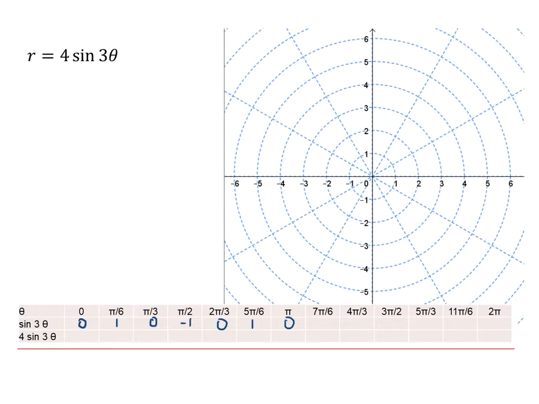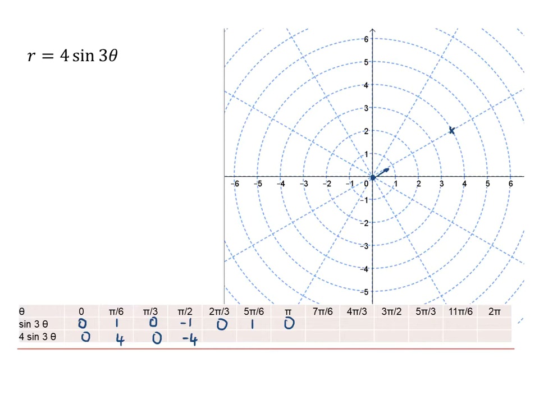So if we look at what happens on the graph, 4 times that, so obviously going to be 0, 4, 0, negative 4. So let's consider that on our graph then to start off with. Starting at the origin, the pole, when we've got 3 theta equal to 0, and then by pi by 6, which is going out in this direction, it's reached a maximum value of 4, so we get to here.